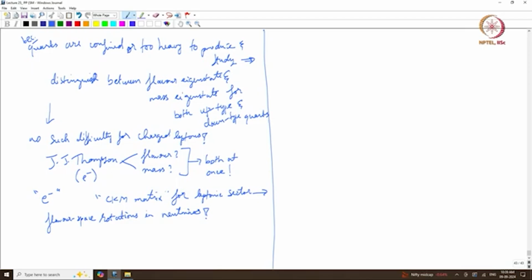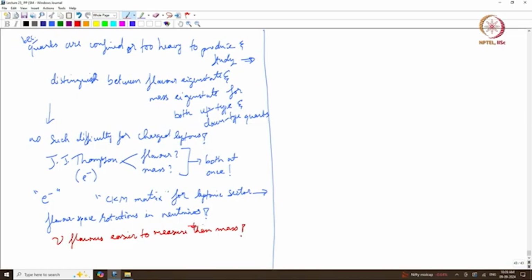This makes sense because neutrino flavors turn out to be easier to measure than mass. We will see soon why this is the case.